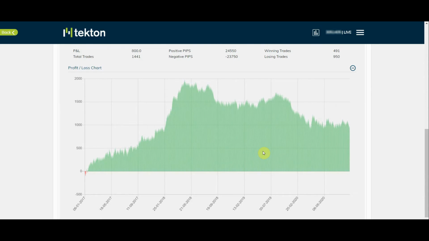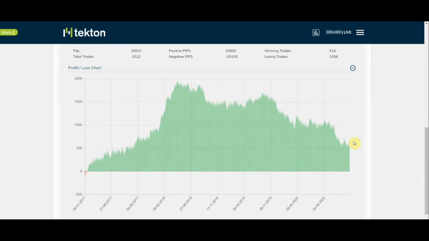So as you can see, the drawdown's not so bad. It reached almost 2,000 pips, and it's now down to 575. So it might need a little bit more retweaking. It might need to be looked at on a different instrument.